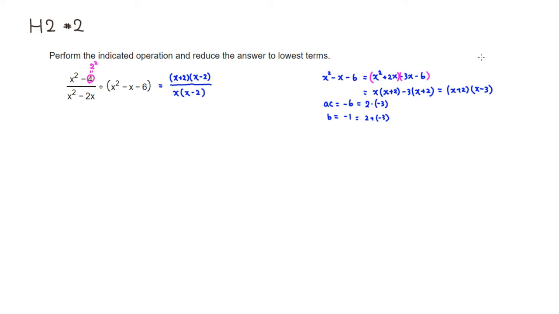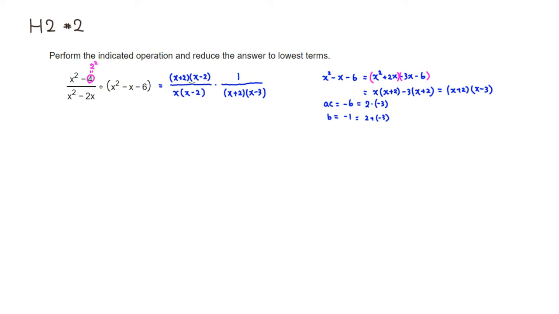All right, so this is going to be a division. I'm going to write it as a multiplication and take the reciprocal, so this guy is going to sit on the bottom. So you have x plus 2 and x minus 3. We can simplify a little bit.